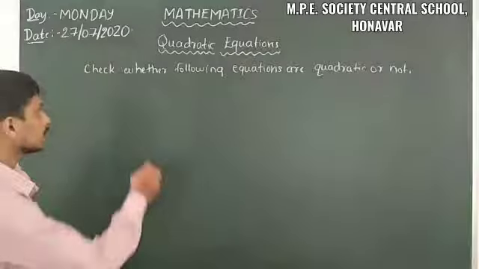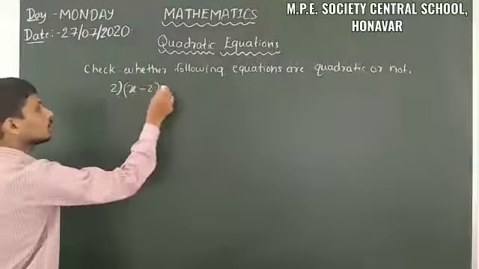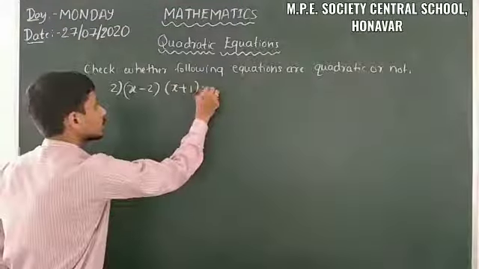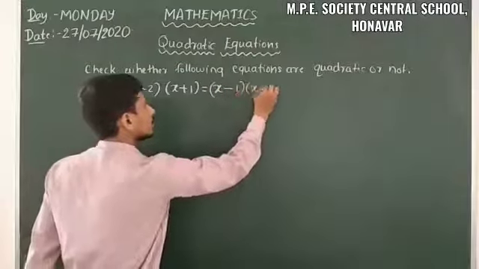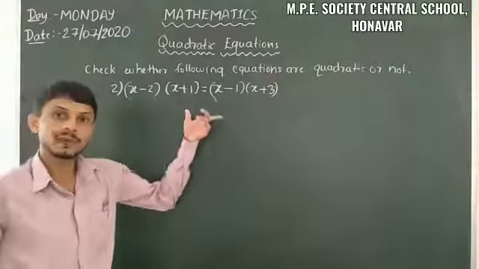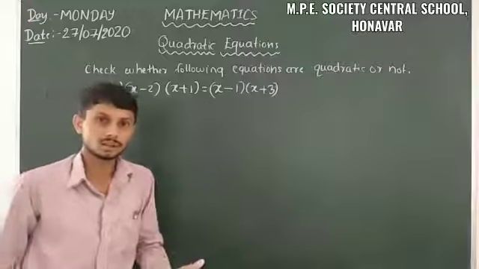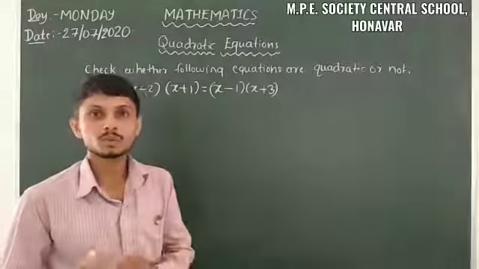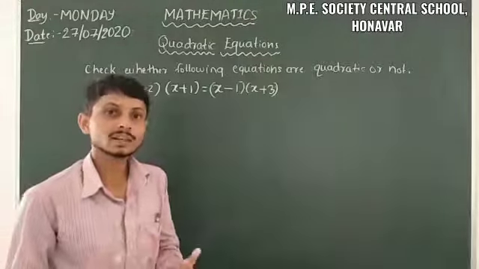The next example is (x − 2)(x + 1) = (x − 1)(x + 3). So this is the second example. We have to keep on using identities or laws of exponents, and with the help of that we have to find out whether it is quadratic or not.